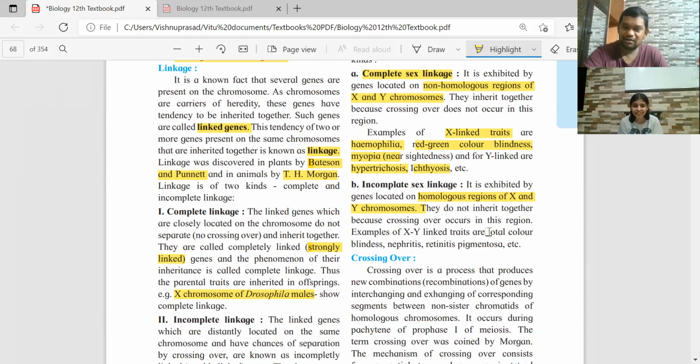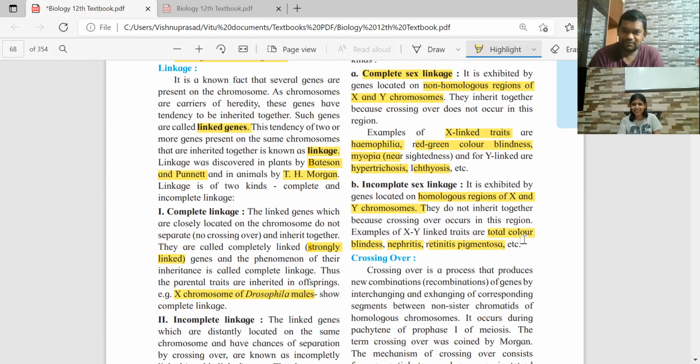See the difference: partial is called incomplete. Color blindness is due to incomplete sex linkage. Then nephritis, retinitis pigmentosa. All these examples you have to understand.